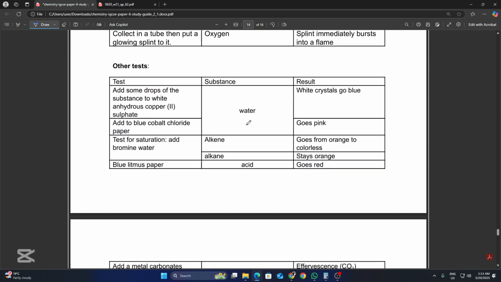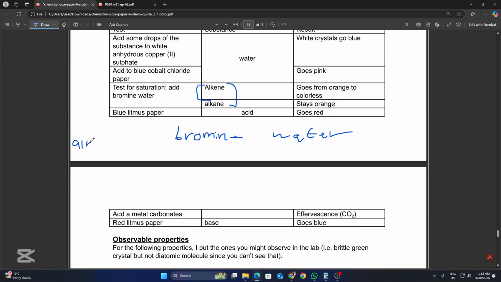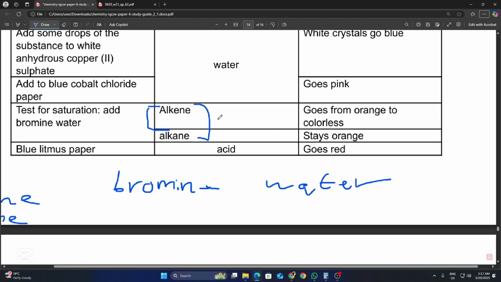Now, to test for an alkene or an alkane, we need to use something called bromine water. An alkene has a double bond, and an alkane doesn't have a double bond. If it's spelled alkene, with an E, then there is a double bond.